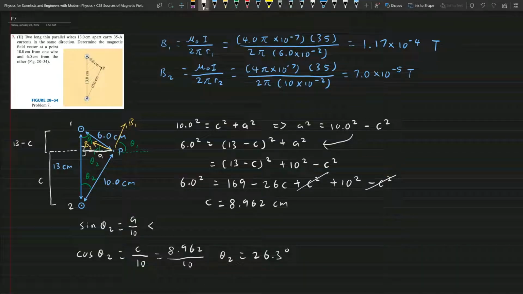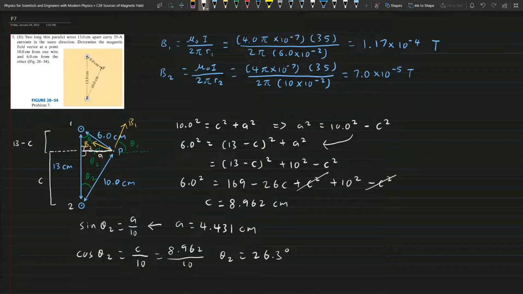Now we apply this formula here. We already know theta 2, so we can solve for a. Just substitute the value for theta 2. I get 4.431 cm.